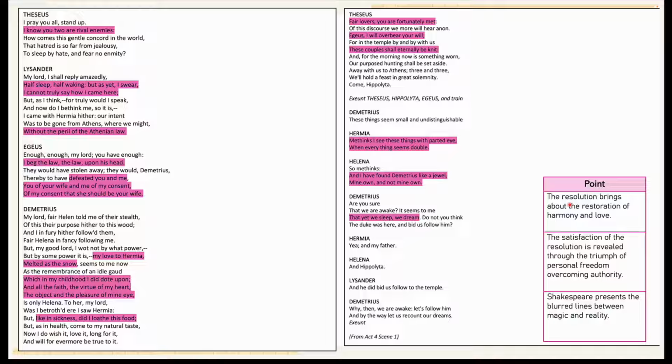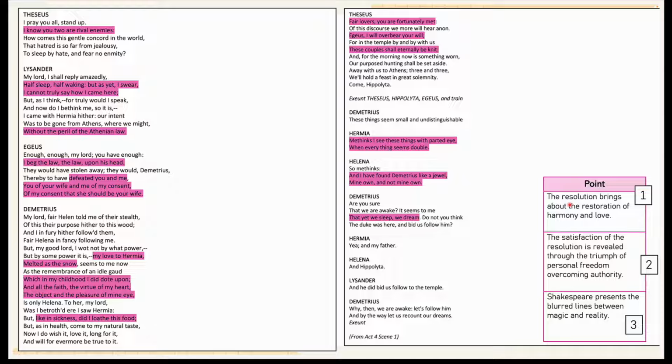You don't really want to be reusing it. So this is also where you decide, if you've got a quotation that you think sits in 2 different places, then you've just got to spend a little bit of time thinking, okay, at what point in the essay could I say the most about this quotation? And if I use it here, have I got something to replace it with for the other section? Sometimes that can happen to you, and it just takes a bit of time to work through.